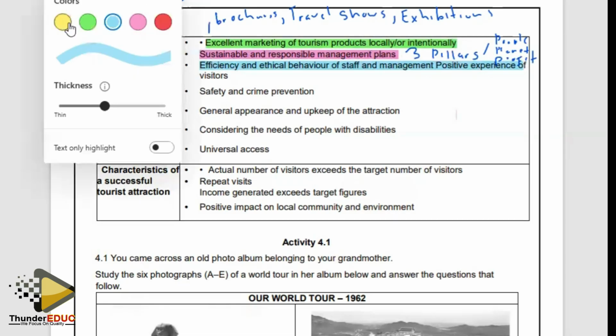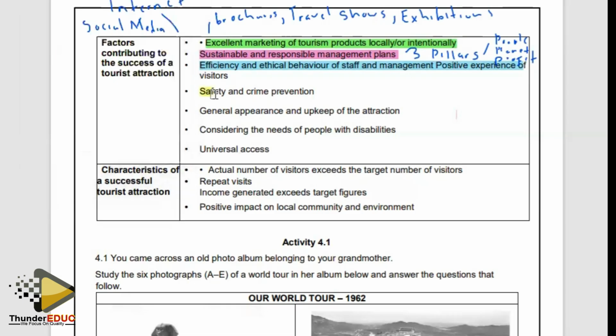The next factor is the issue of safety and crime prevention. This is a major issue. When tourists travel into new places, they would want to feel safe. They would want to feel assured that they won't become victims of crime.